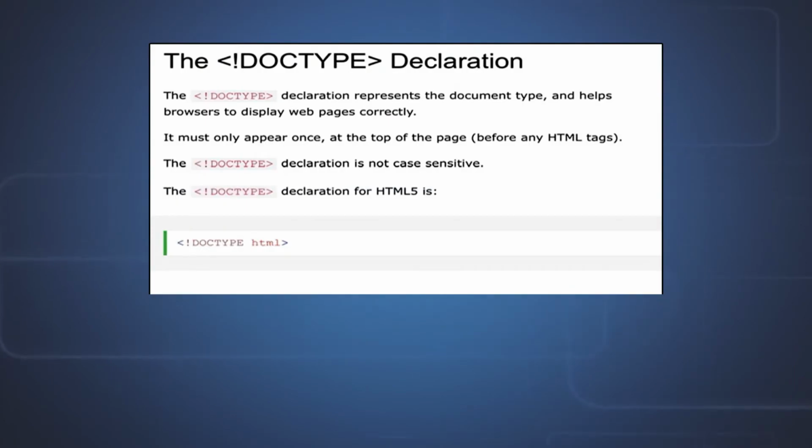So how do we declare it? The document type. Basically, what we have to do is, in between the angular brackets, use the exclamation mark followed by DOCTYPE. This declaration represents the document type and helps browsers to display web pages correctly. It must only appear once at the top of the page before any HTML tags. The doctype declaration is not case sensitive.